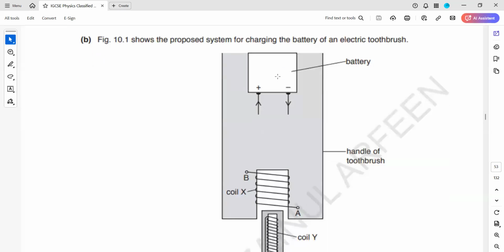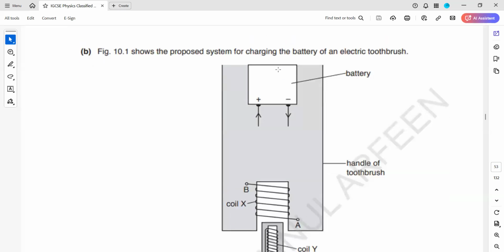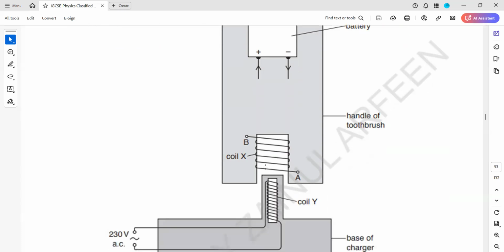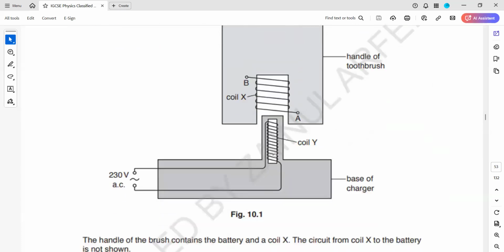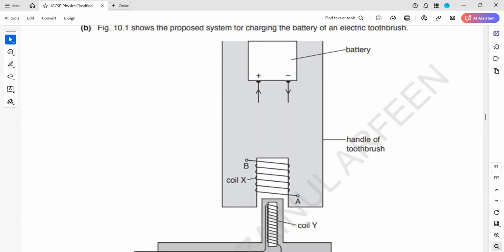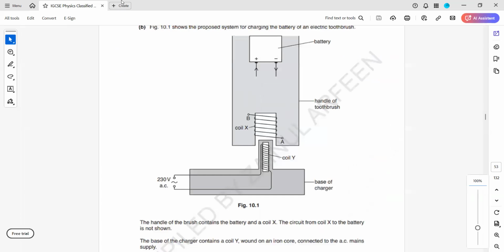Figure 10.1 shows a proposed system for charging the battery of an electric toothbrush. The battery is there, in the handle of the brush. A coil X is there and a coil Y is there. It uses electromagnetic induction. I'll explain the working principle.